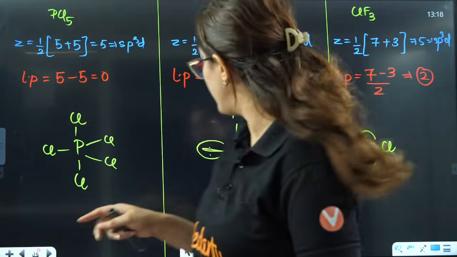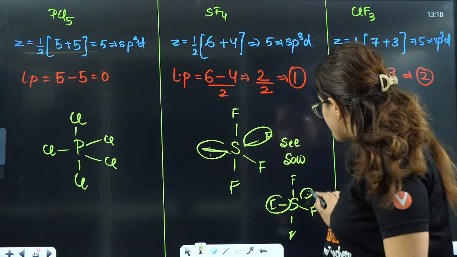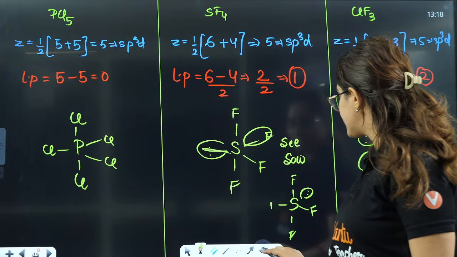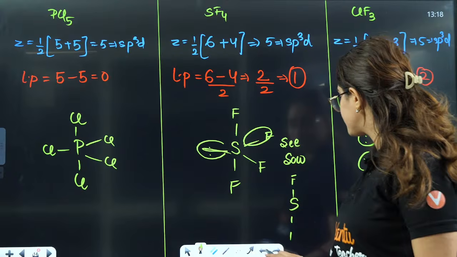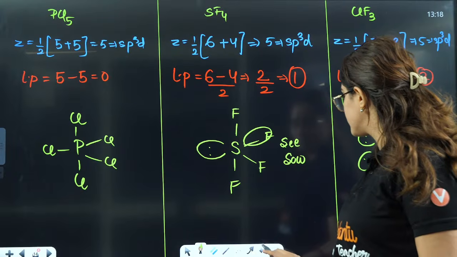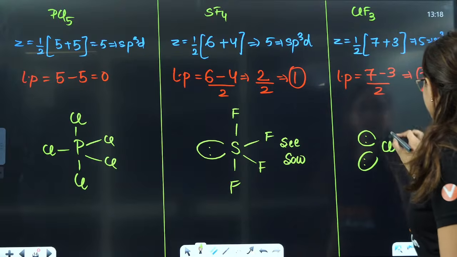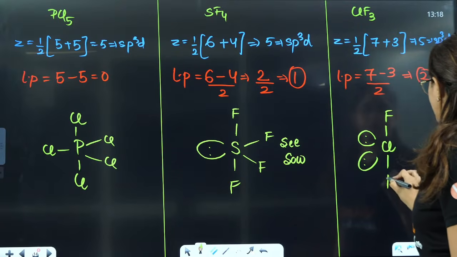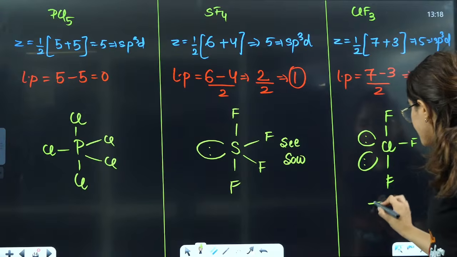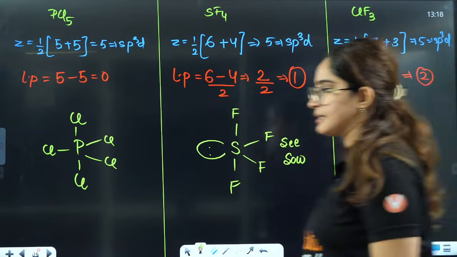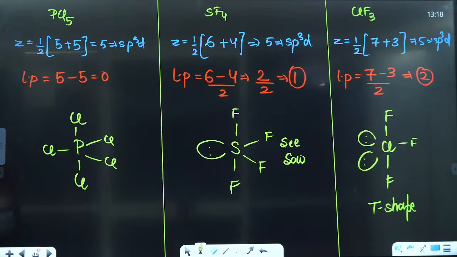In 2D it may look weird, but any position you place the lone pair, that will be equivalent only. Now let's see this: F, F and F. So that is why it is called T shape.